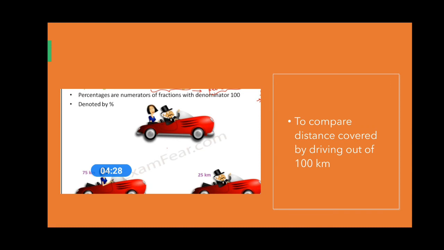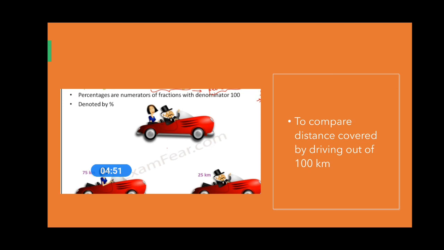Let's take the example that this person with his wife covers a distance of 100 kilometer, in which his wife drives the car for 75 kilometer and he himself drives the car for 25 kilometer.